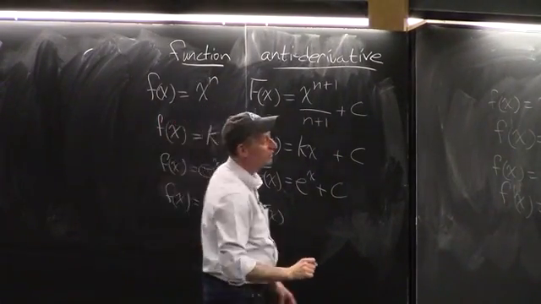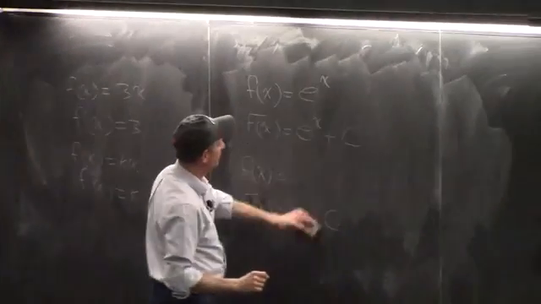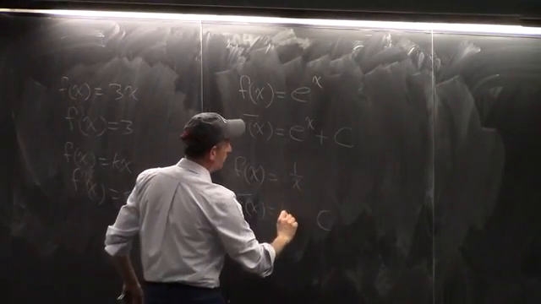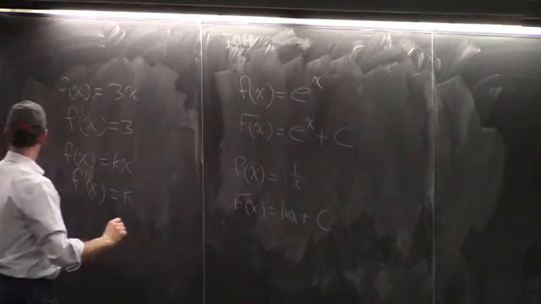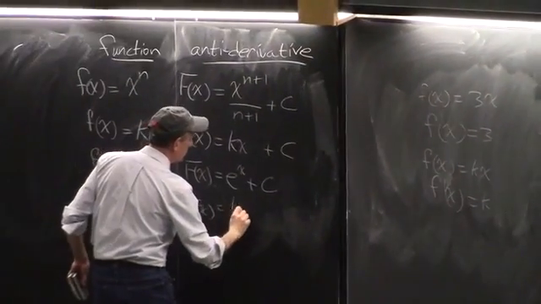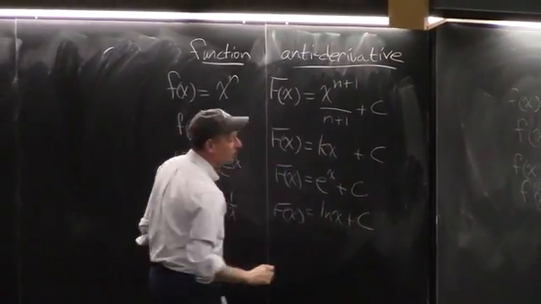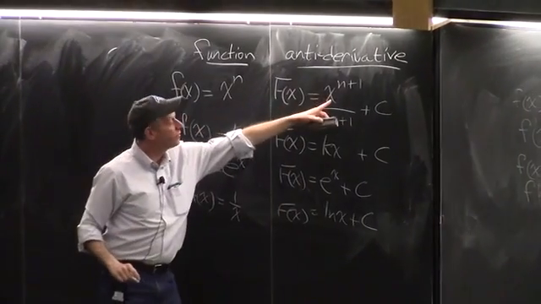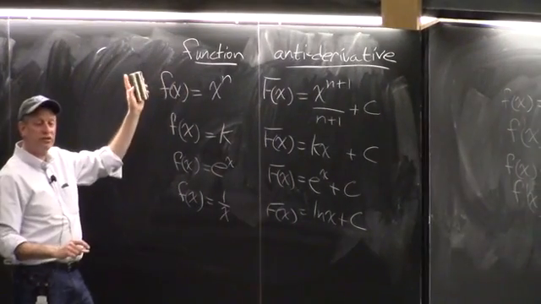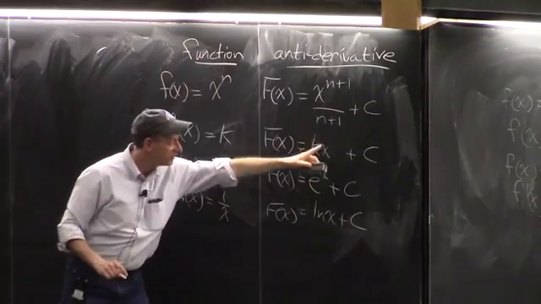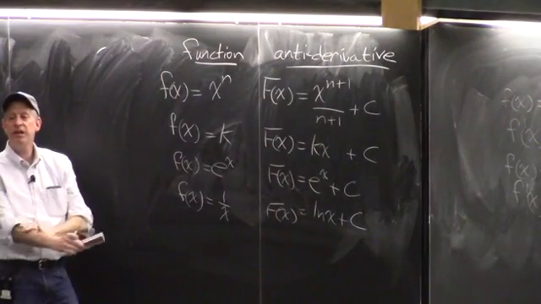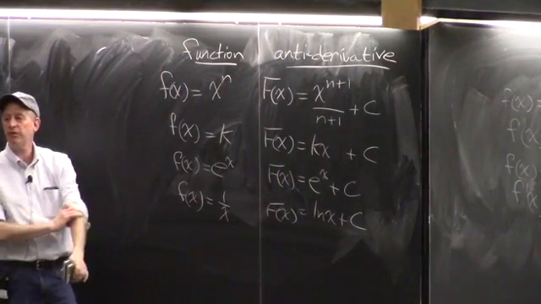Hang on. Okay? Basically, the derivative of this is this. So the antiderivative of this is that. Okay? That's really all you're doing. You're just going backwards.